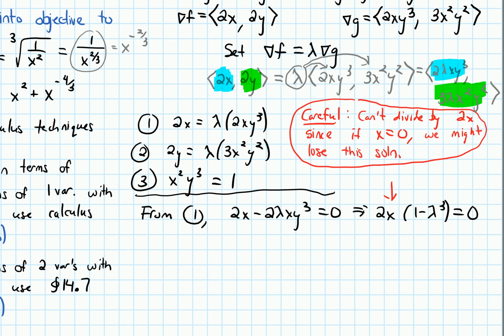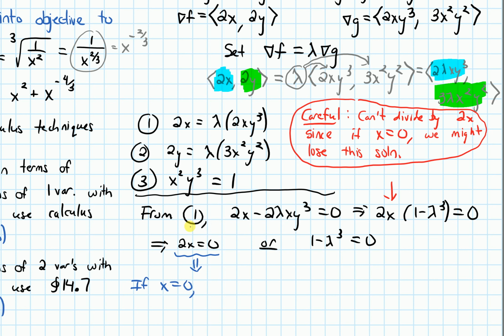Because at this point we could see that either 2x equals 0, or the other term, 1 minus lambda cubed equals 0. Okay, so from 2x being 0 in this first case, this means x would be equal to 0.